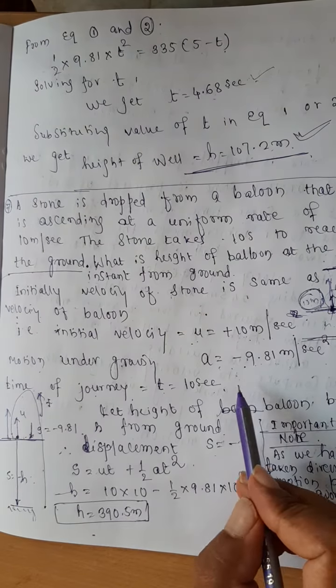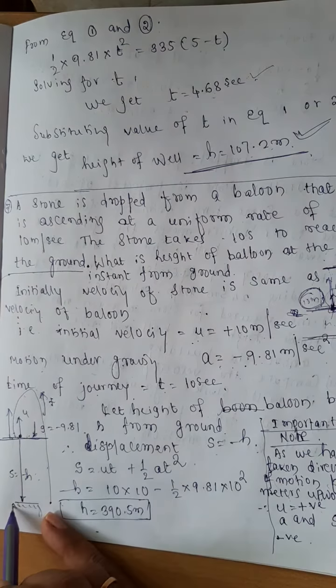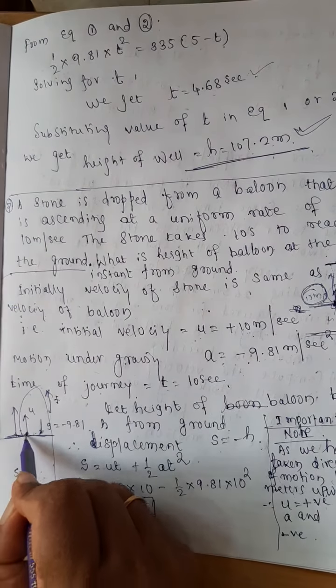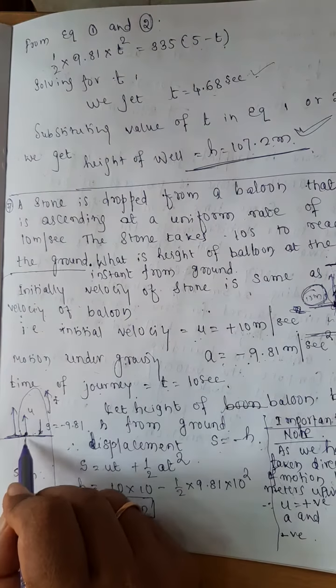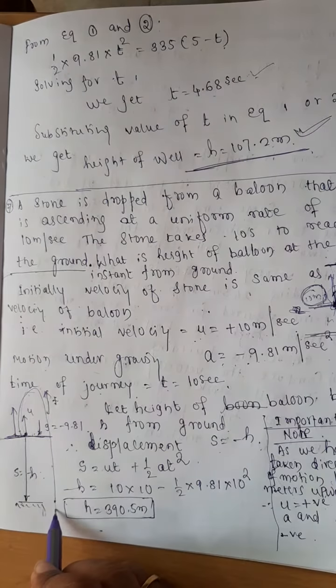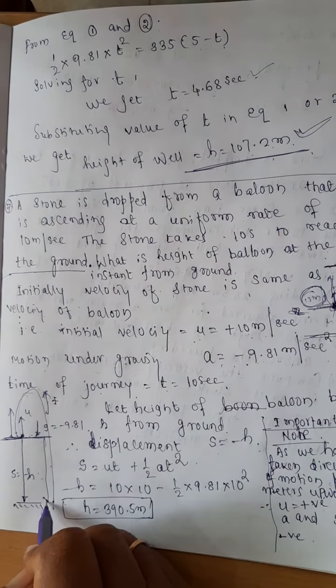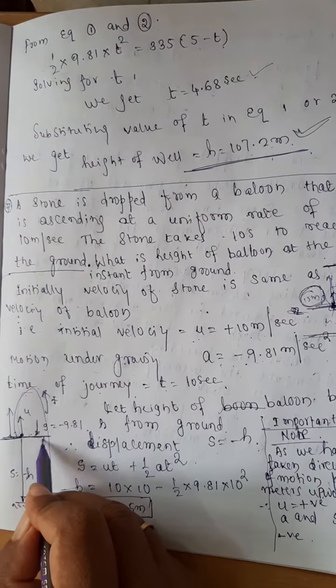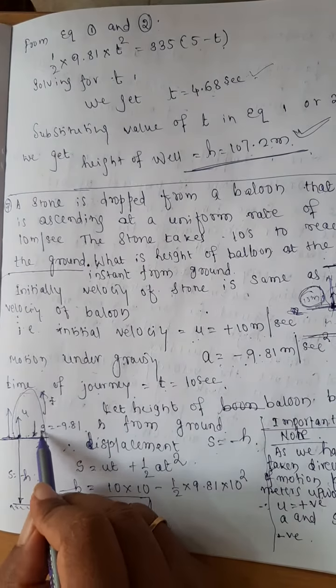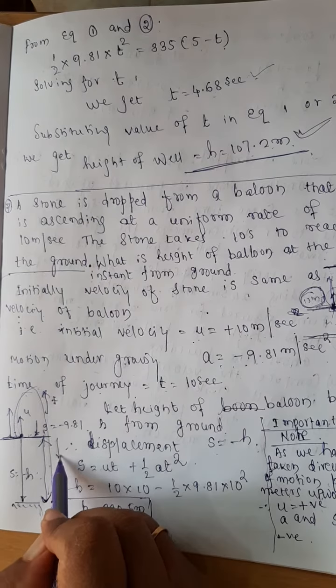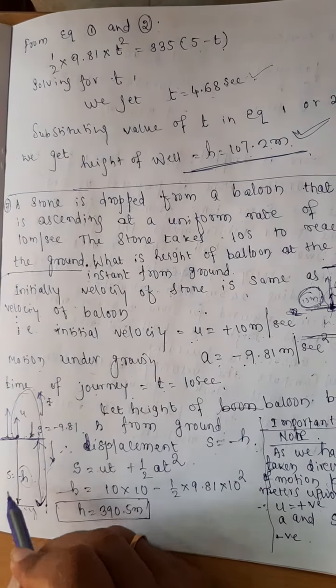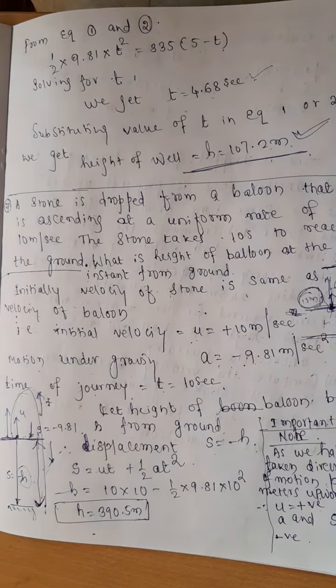Assuming this height to be h. The stone is moving from here to here, but what is the net displacement? It is only this much, the net displacement, in the downward direction with value s equal to h.